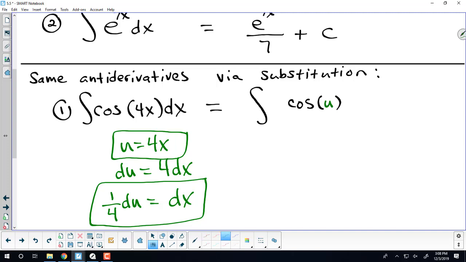So our 4x was u, and our dx became 1/4 du. Well, that 1/4 is a constant multiple, so we'll pull that out. Take out that 1/4. What's the antiderivative of cosine u with respect to u?